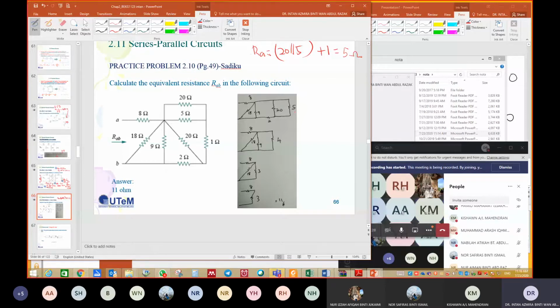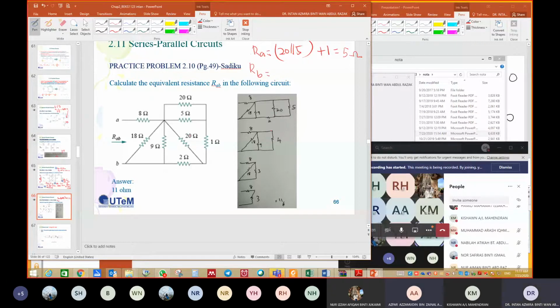Yes, it is right because the answer is here. 5 is here, at this point and at this point, so we know that 5 is parallel with 20, and then we can add with 2, right? So how to determine the place for 20 ohm? Do we put it before the 2 ohm or after the 2 ohm?